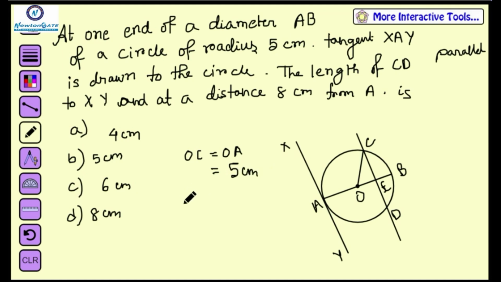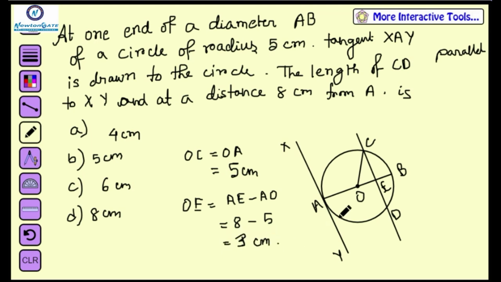Now what is the value of OE? We write OE equals AE minus AO, and the length of AE is 8 and AO is 5. So the length of OE is 3 cm.